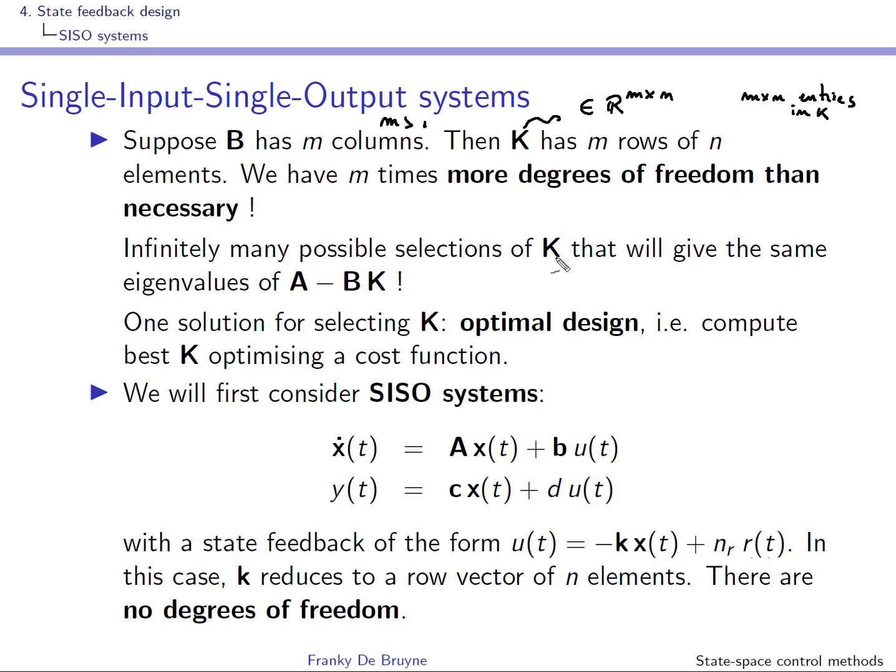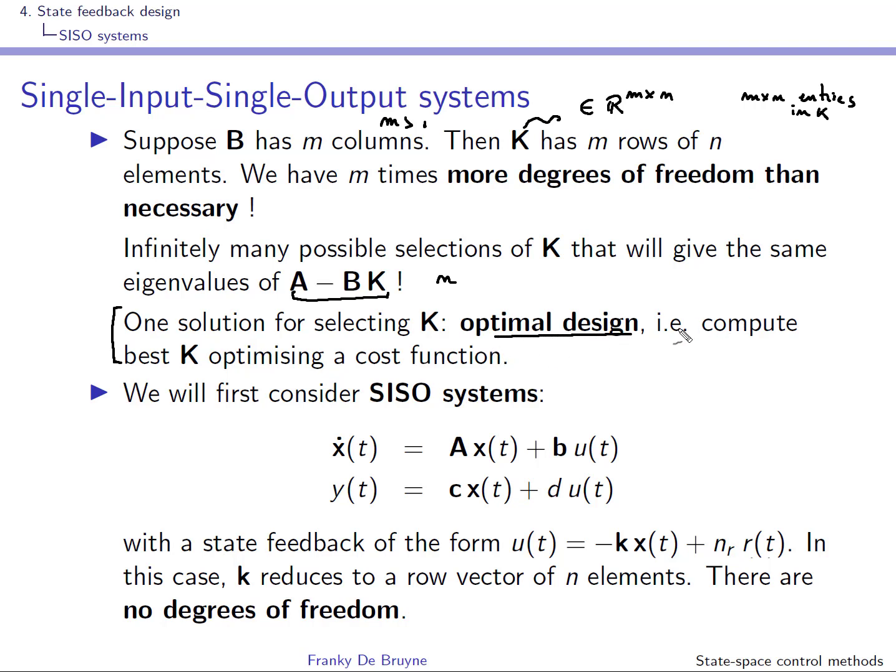But we only have to place n eigenvalues. So you have only n constraints, but you have m times n parameters in K. So it means that we have m times more degrees of freedom than necessary. Okay, so this means that these degrees of freedom can be used for something else, and one way of using these degrees of freedom is to select K using optimal design.